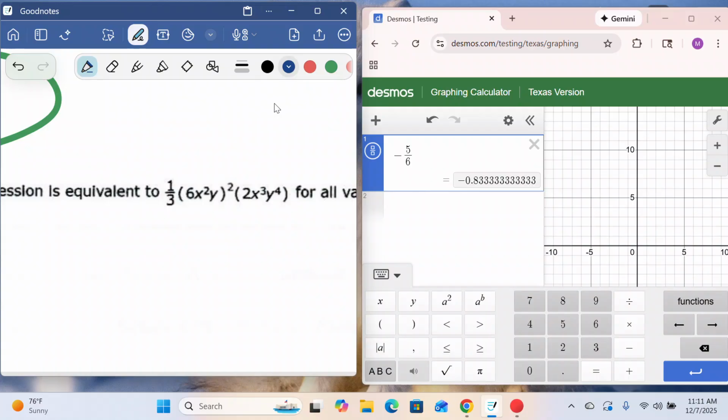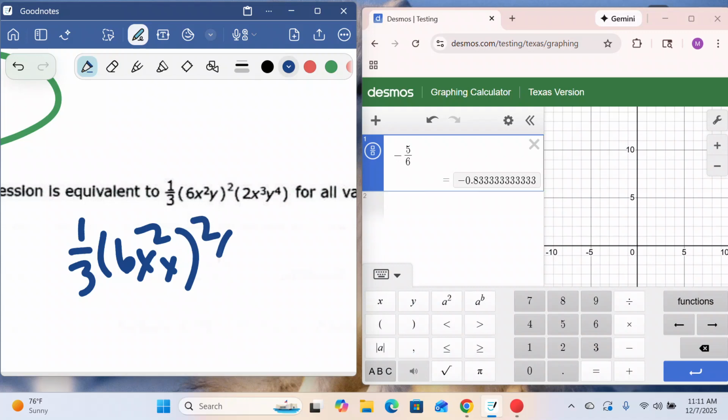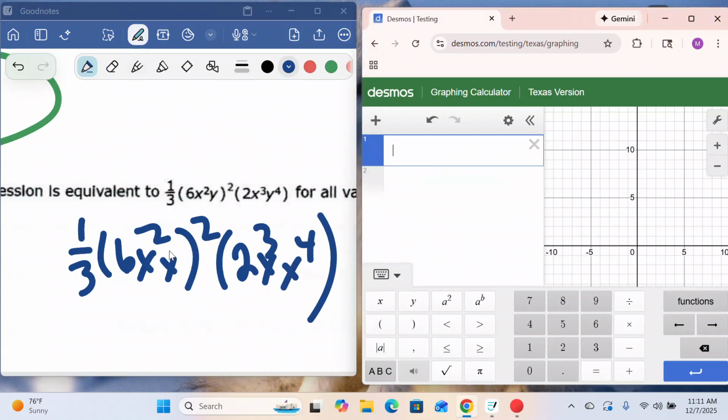So instead of putting X and Y, I'm just going to put all the X's. So I'm going to put 1/3, open parentheses, 6x squared x, close parentheses, squared, open 2x cubed x to the 4th, close parentheses. This is a trick that we learned in class, that we can get the matching graphs. All I did was replace all these with x's.